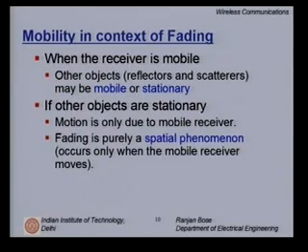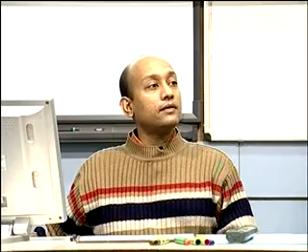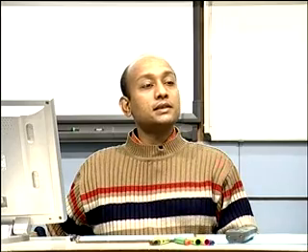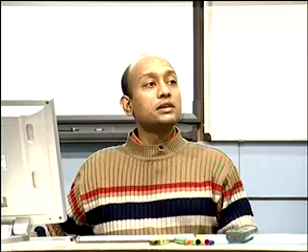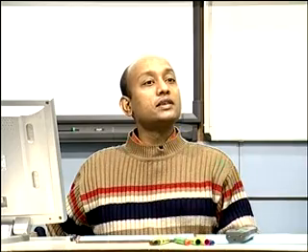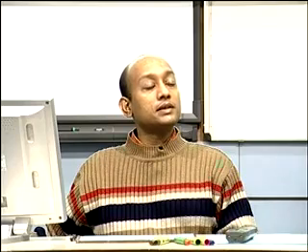But still, there could be some ground reflections, and the scatterers present on the ground might cause fading effects. Clearly, if I am in a dense urban environment which is full of scatterers, buildings, cars, vehicles, towers, then I receive a lot of multipath components and my fading is more prominent.